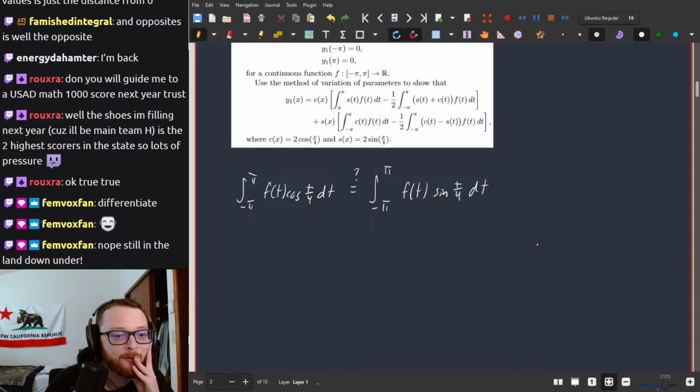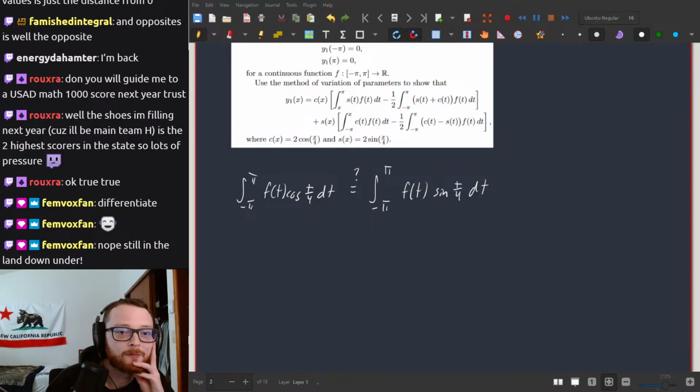We come from the land down under. Well, I hope it's going well. Is there a change of variables that we can do here? How do we relate sine to cosine? I don't want to do a shift. I mean, any change of variables we do is going to affect the f, is the issue.